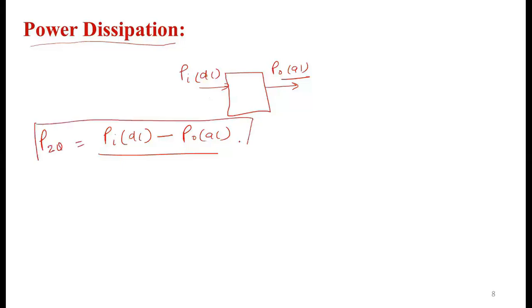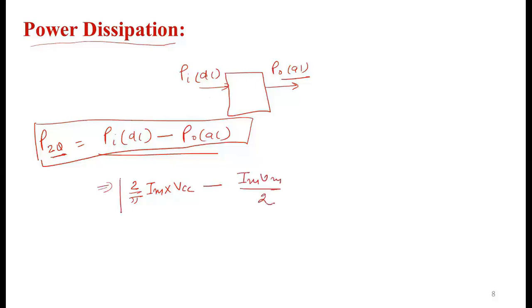Since in the push-pull amplifier we are using two transistors, I have written here 2P_Q. We know that Pi(DC) is equal to 2 by pi into Im into VCC, and Po(AC) is equal to Im Vm by 2.